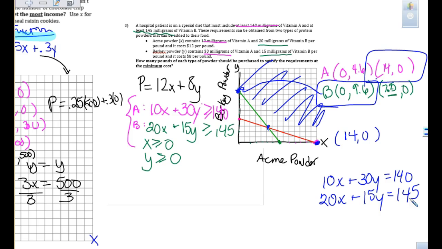Would it matter? No, one's going to cancel the x, one's going to cancel the y, right? Okay. And where does this look like? Mine looks like it's about at 5, right? So I think it's at 5, and if I'm looking at that point, right?